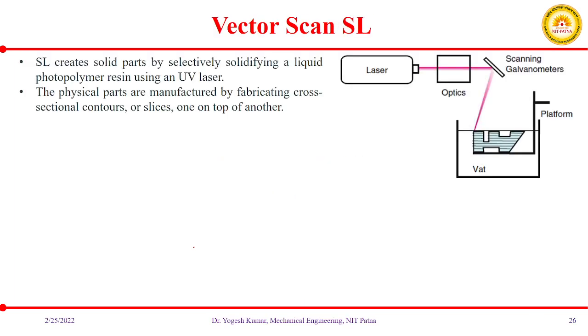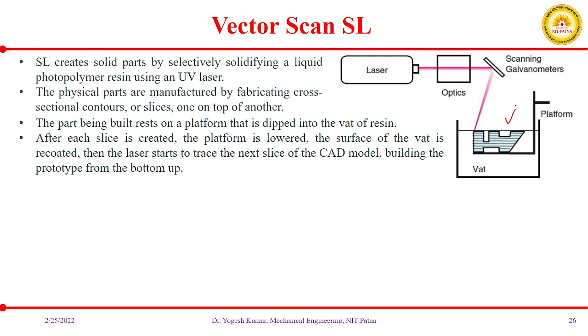In stereolithography, or the vector scan SL machine, we create the solid part by selectively solidifying a liquid polymer resin using a UV laser. We already know that in stereolithography we have a vat, and in the vector scan stereolithography machine this liquid is the photopolymer resin.